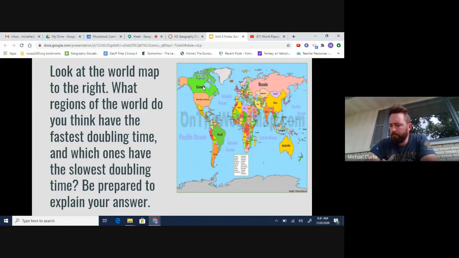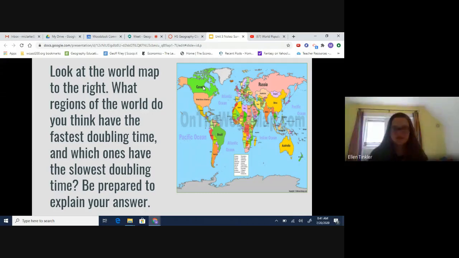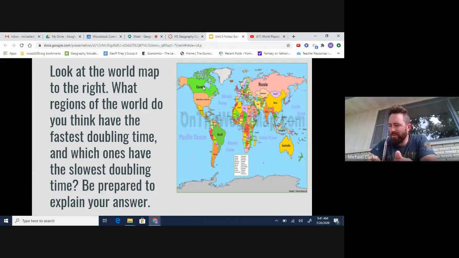Antarctica is a very low populated area, so even if their population is increasing or decreasing, it's at a much smaller scale. Okay. With fewer people, so that could be for either, depending on how you look at it. All right, very good.